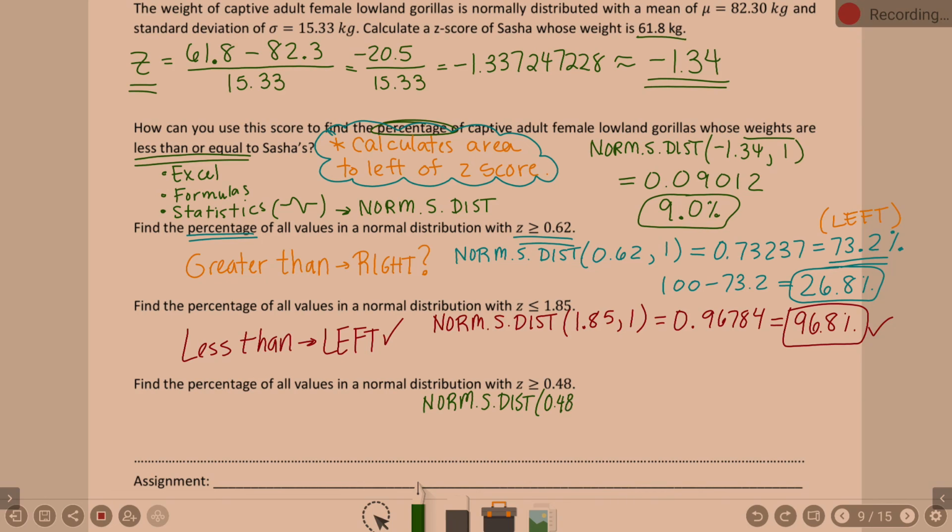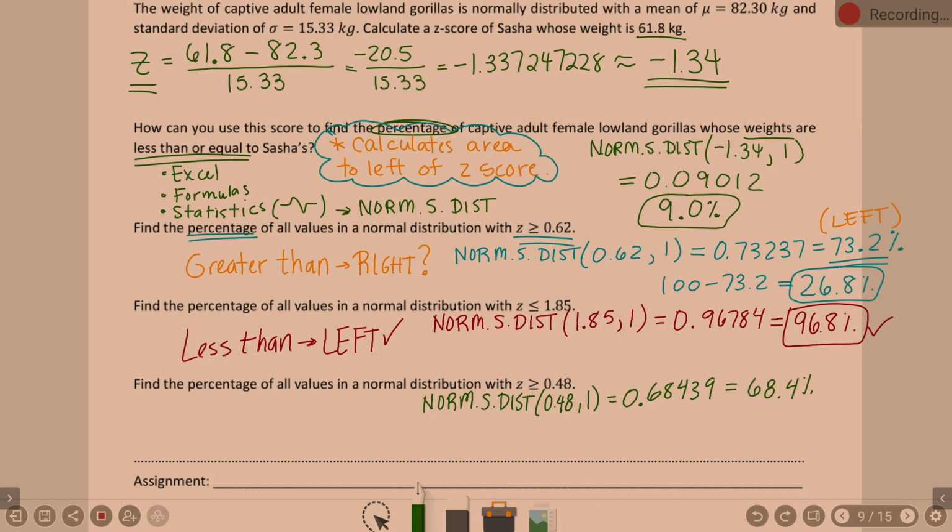I'm assuming we have the idea now. They gave me a z-score of 0.48. Fill that in, and what is Excel telling us? 0.68439. What is that as a percent? 68.4%. You're going to do 100 minus that for your answer.